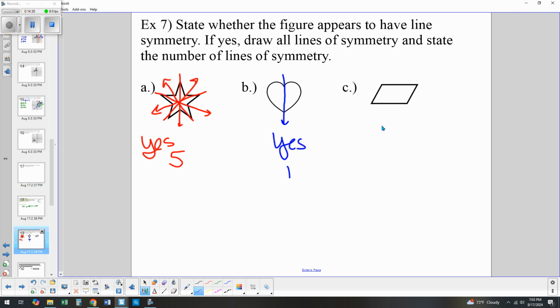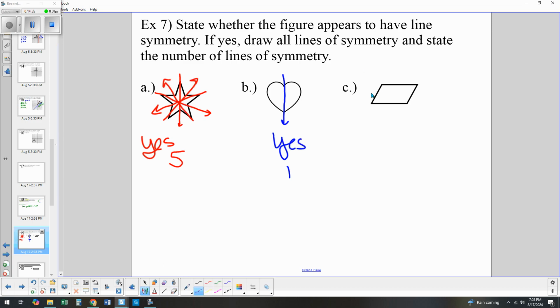For C, the most common way people go for this is they go diagonally this way. But then if I look at the piece over here and the piece over here, this one is much longer than this one. So that line doesn't actually work as symmetry for us. And if we tried to go maybe the other way, again, this one much shorter now than this one, so that line doesn't work either.